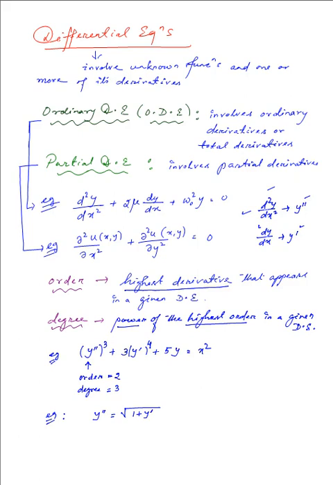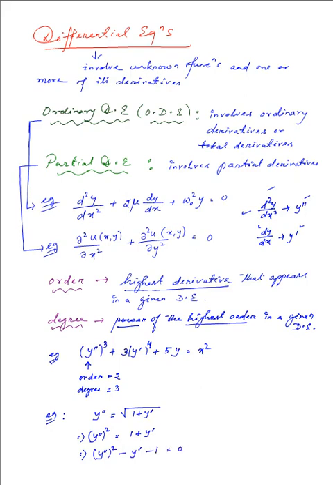So we have y double primed squared equal to 1 plus y primed, and that gives me y double primed squared minus y prime minus 1 is equal to 0.